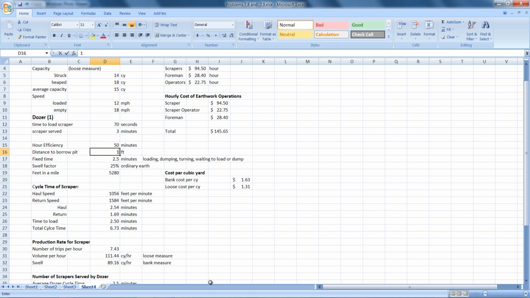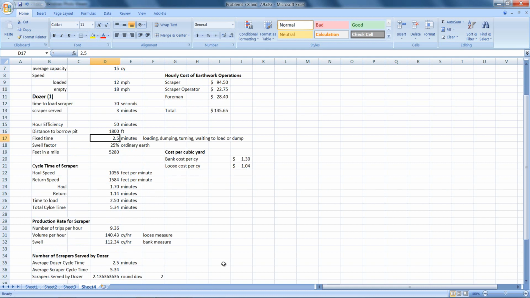The distance was 1,800 feet. So that actually is all it took. And we have the correct answers here. So the bank cost is $1.30, the loose cost is $1.40.